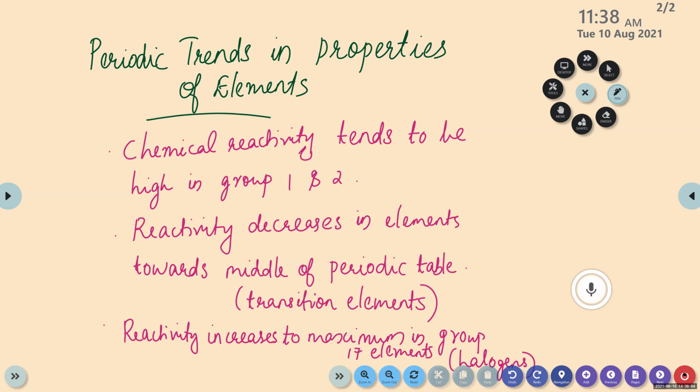In group 1 elements itself, the reactivity increases on moving down the group. We already learned that group 1 has the most reactivity, and in group 1 there are different elements from top to bottom. When we move from top to bottom, the reactivity also increases.